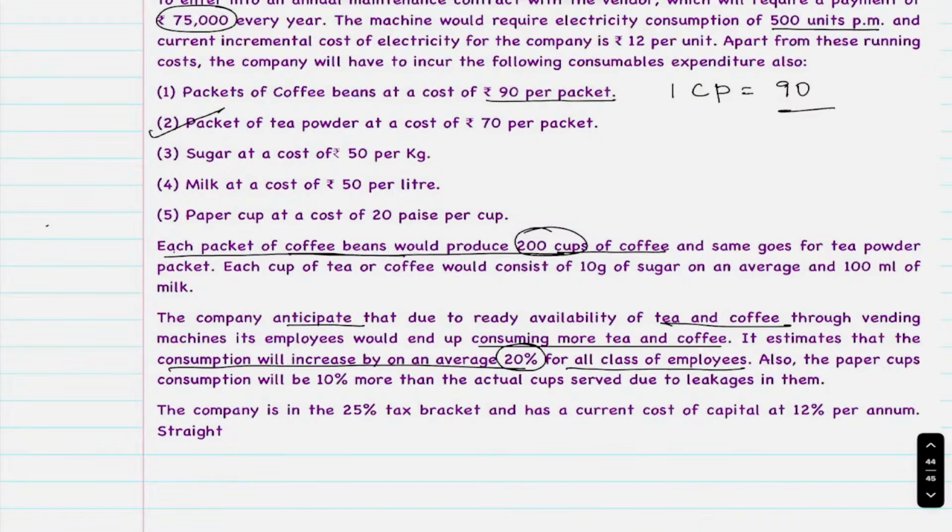Do you understand my question? 120 employees will consume 3 times in a day, like that for 200 days, increased by 120%. And 40 employees will consume tea once in a day for 200 days into 120%. Total cups divided by 70. That should be your answer.